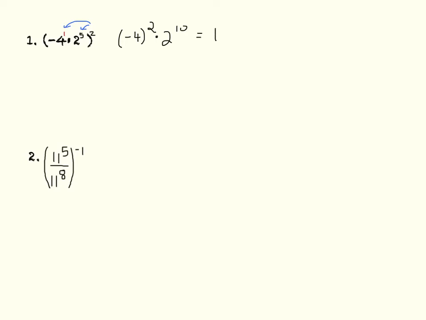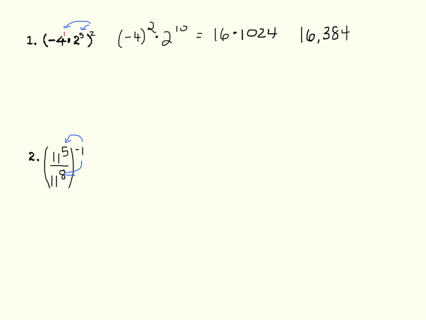Negative 4 squared is 16. 2 to the 10th is 1024. And if I multiply those together, I get 16,384.